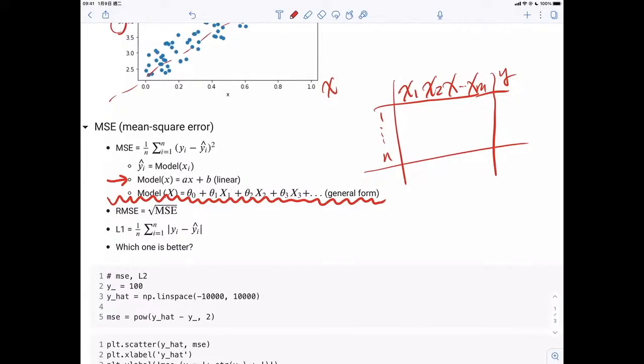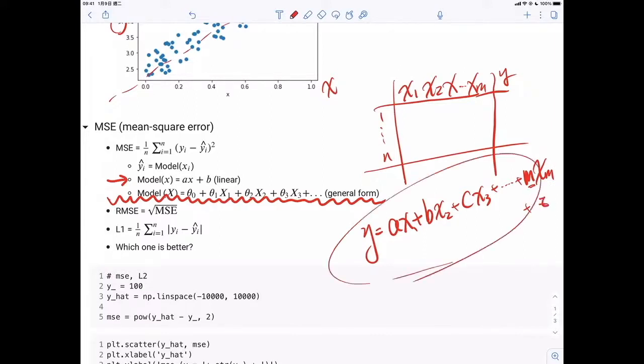Sometimes you can use another form like y equals ax1 plus bx2 plus cx3 and so on up to xn, or even sometimes we have another z. You can use a general form to describe something. Linear regression does not have to be only x and y. You can have a lot of different features.